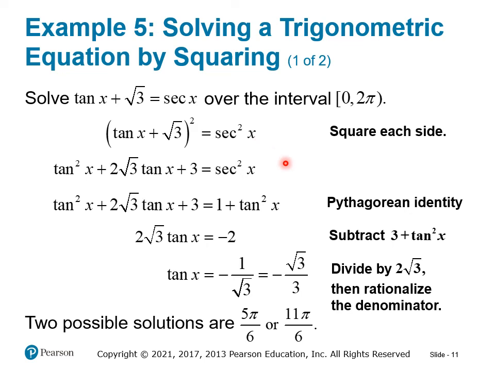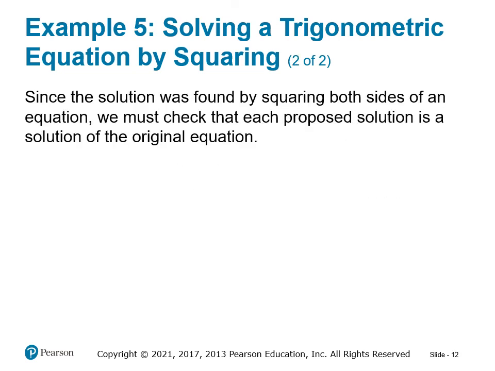It really has to do with that idea of squaring negative numbers, that will create solutions that work within the square, but they don't work within the original equation. So whenever you square an equation, this goes beyond trigonometry, whenever you square an equation trying to solve for it, you really have to go back and check each answer. So let's go ahead and check each answer.